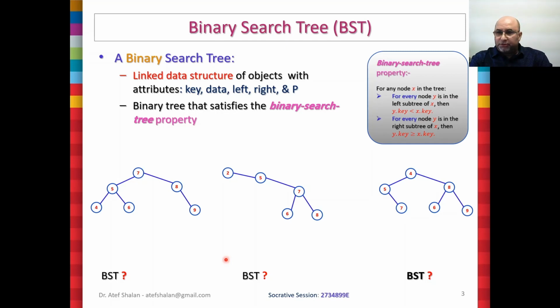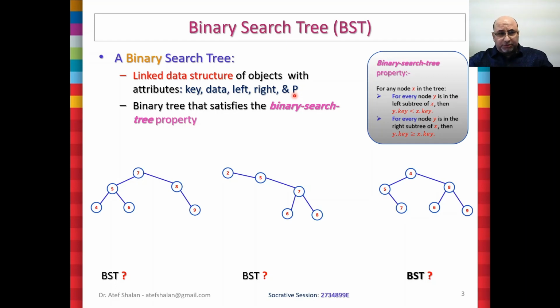A binary search tree is basically a binary tree which has at most two nodes under every node. And the tree is mainly implemented as objects where these objects have some attributes such as key, data that we store in this node, left and right branch of that tree, and the parent of that tree.